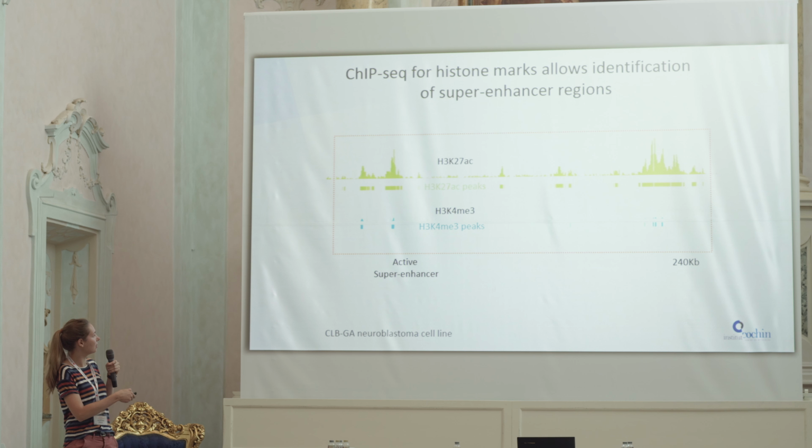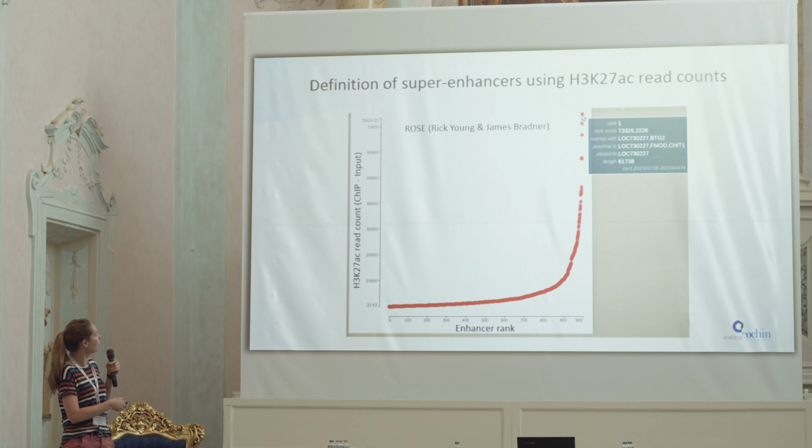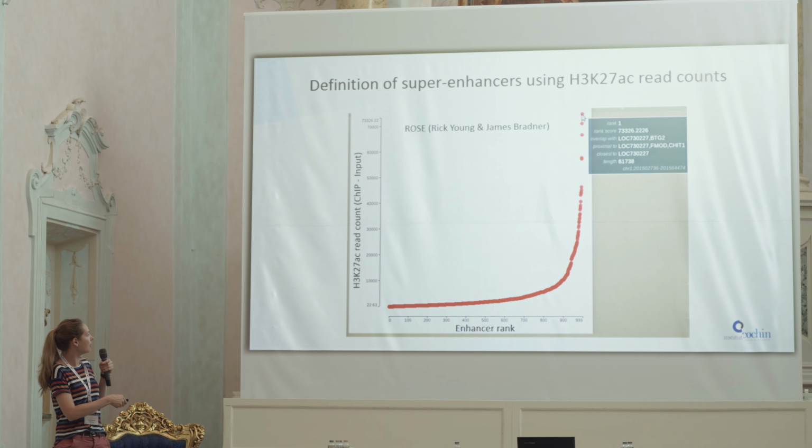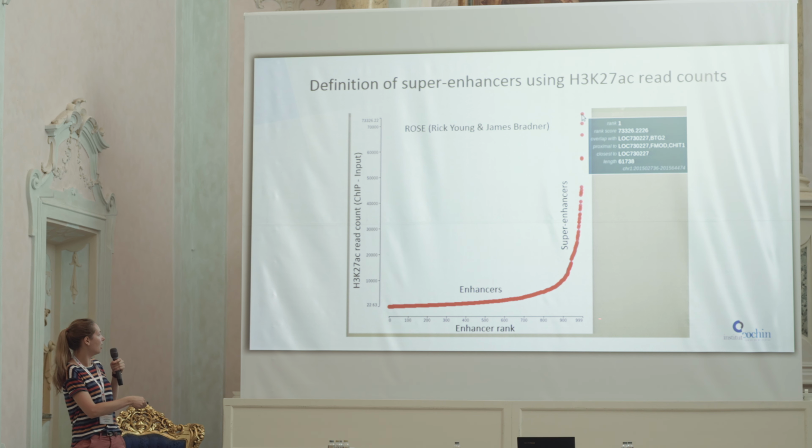So when you fuse these regions into bigger candidate regions, then you can rank them according to the number of K27 acetylation reads, and then you arbitrarily cut it here, and you say these regions are super enhancers, and you have few super enhancer regions with lots of K27 acetylation signal, and all other regions you call enhancers, and they have much less K27 acetylation signal.